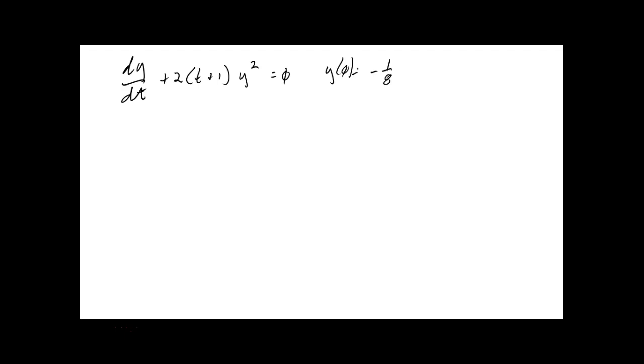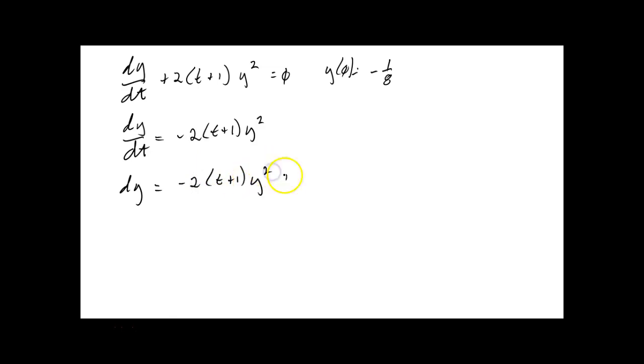Okay. So let's start by doing dy/dt is equal to minus 2 times t plus 1 times y squared. Right? Let's move that to the other side. Now write it in differential form: dy is equal to minus 2 times t plus 1 times y squared dt.